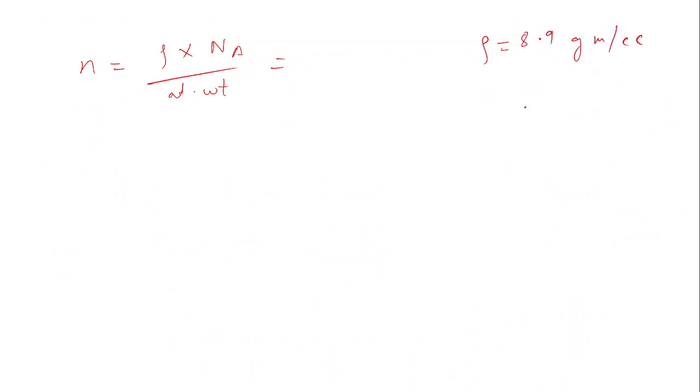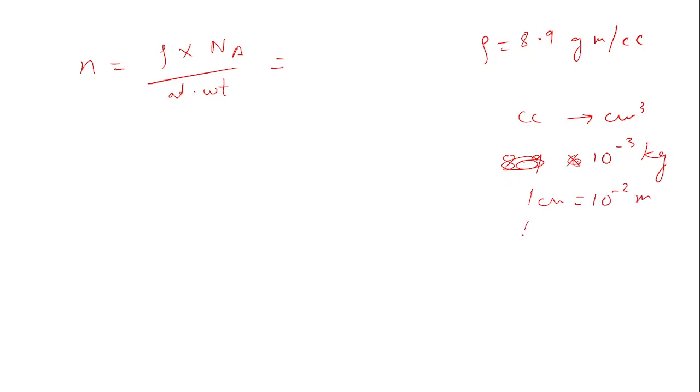This cc means centimeter cube, so it's gram per centimeter cube. When I change 8.9 gram to kg, 1 gram is 10 to the power minus 3 kg, and 1 centimeter is 10 to the power minus 2 meter.